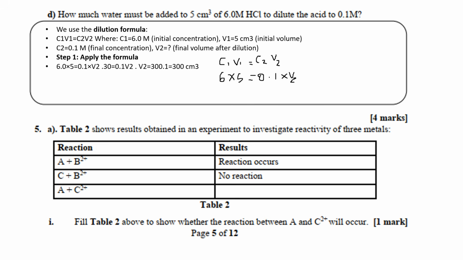All right, so V2 in this case will be equal to 6 times 5, which is 30. So divide both sides by 0.1.